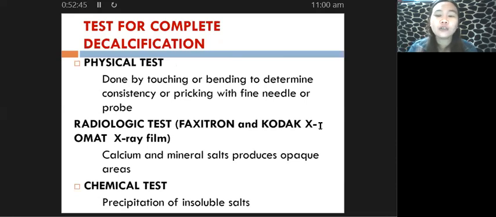How do we determine that? There are 3 tests that we can perform: your physical test, your radiologic test, and your chemical test. Again, what is the significance of performing these 3 tests?